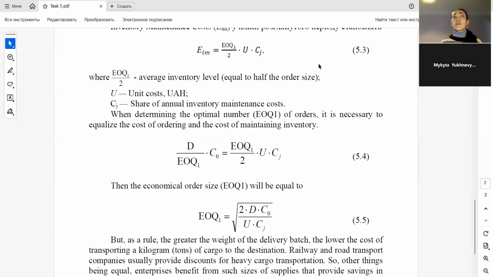Please calculate it. So formula 5.3, we calculated 3 times. We need time for it. So please.